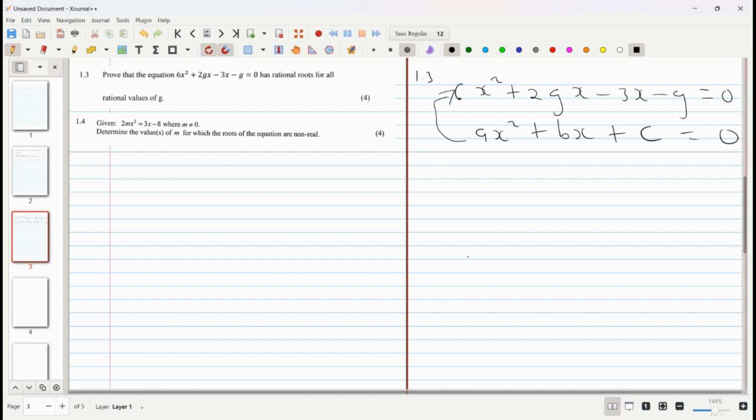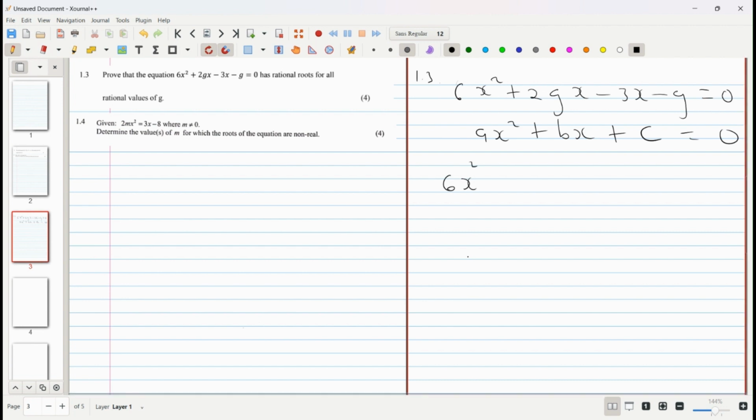So what we need to do here, we have 6x squared, and then we see that for x here, because the coefficient of x is b, we have a common factor, which is x.